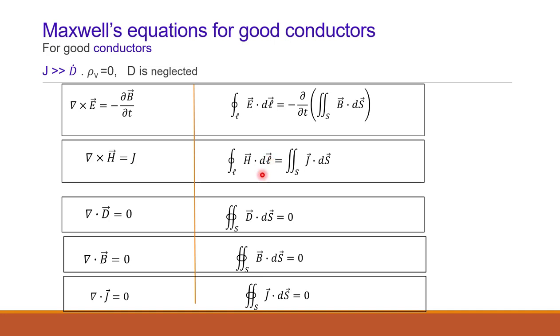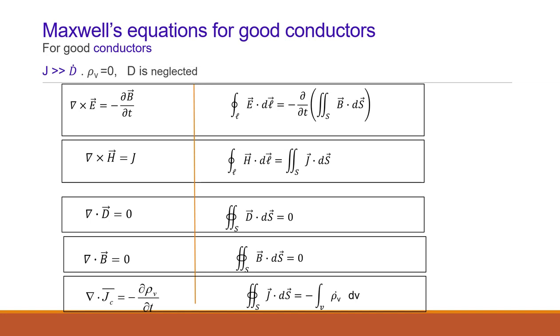So its integral form is closed integration of H dL is equal to surface integration of J dS. Then from the Gauss law of electrostatics, del dot D is equal to rho V was there. As rho V is 0, we are going to replace it by 0. So del dot D becomes 0 and D dS is also 0. For magnetic field, del dot B was already 0, so there is no change in the fourth equation.